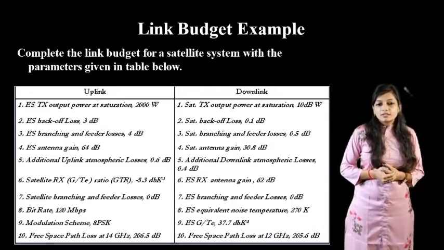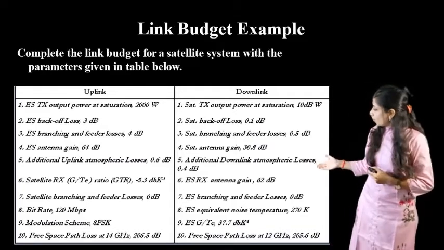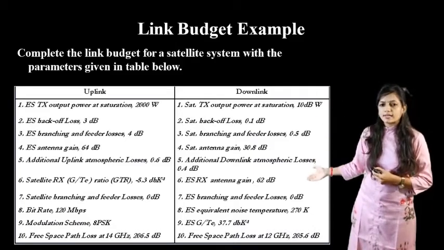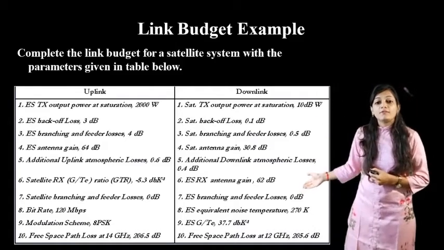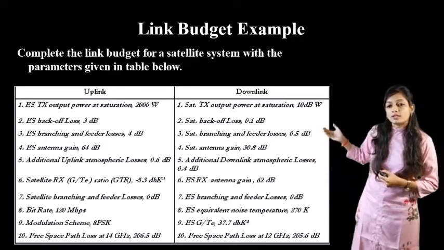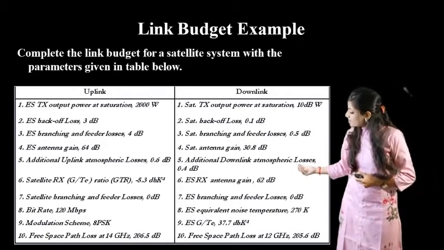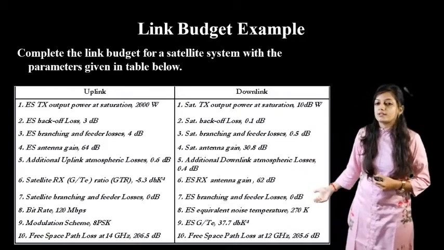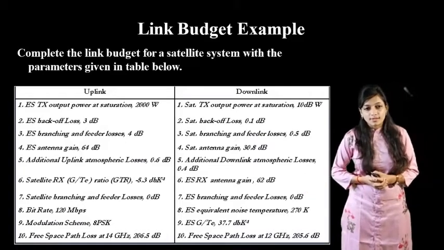As we can consider the satellite branching and feeder loss for uplink, it is 0 dB. But when we are going to deal with the downlink, we need to consider the earth station branching and feeder loss. It is approximately near to 0 dB.